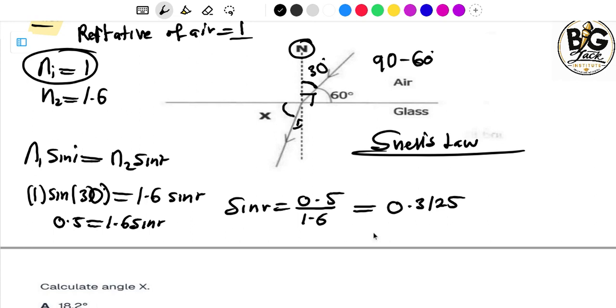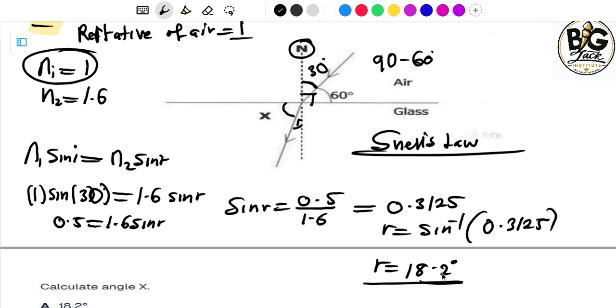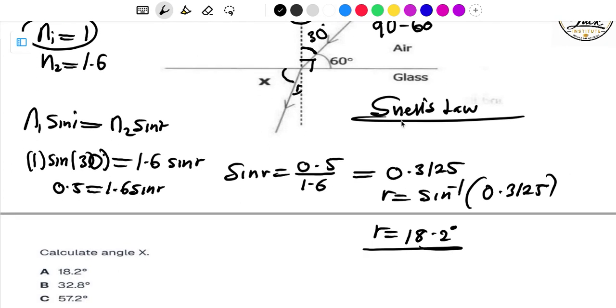Then this is going to give us 0.3125. So finding the inverse, r is going to be equal to sine inverse of 0.3125. As a result, the value of r is going to be 18.2 degrees. But remember, this is not our final answer. This is just the angle of refraction.